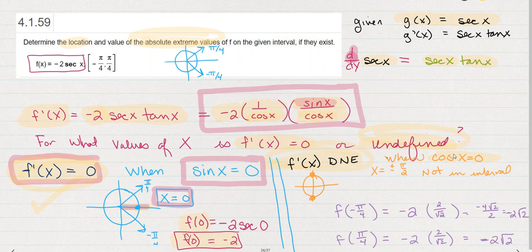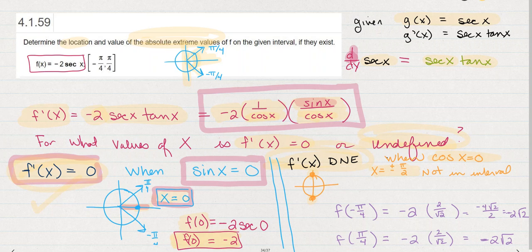And on our interval that goes from negative pi over 4 up to pi over 4, we never get a cosine of 0 because the cosine equals 0 at negative pi over 2 and pi over 2. So this plus or minus pi over 2 is not on our interval. So there's nowhere on our interval where the secant times tangent is undefined. So we found our critical number. It's only one, and that critical number is x equals 0.